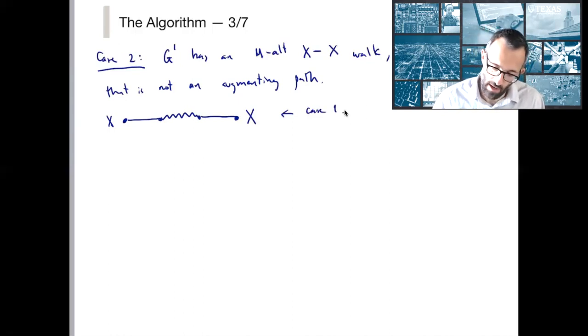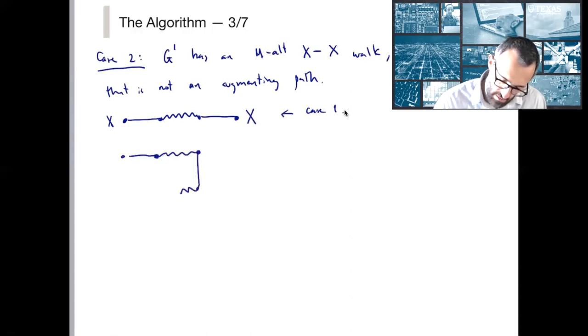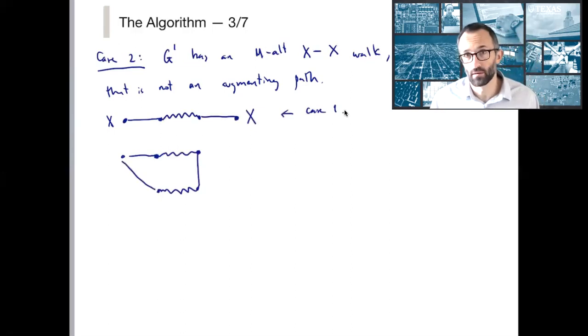But if we have something like this, this is a walk that's M alternating, out of the matching, in the matching, out of the matching, in the matching, out of the matching.